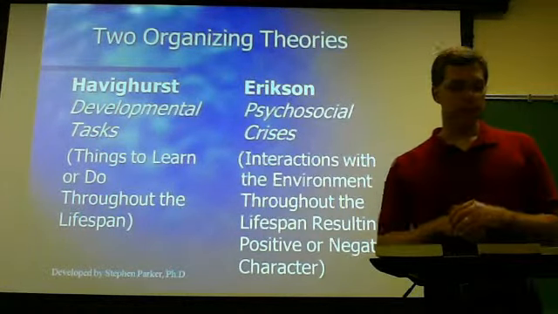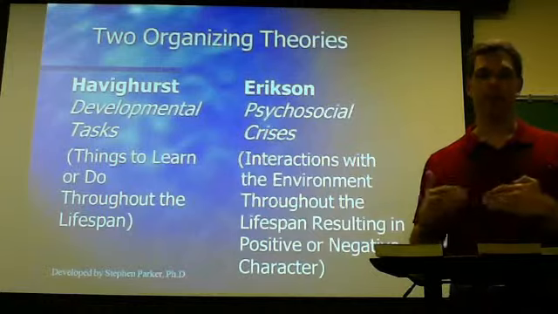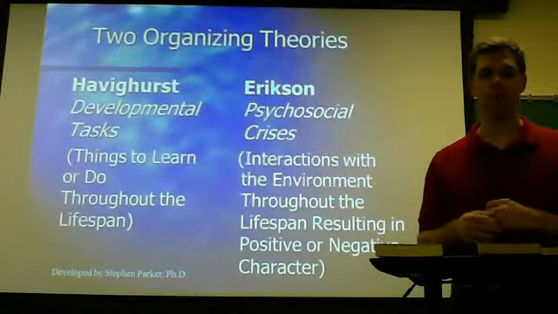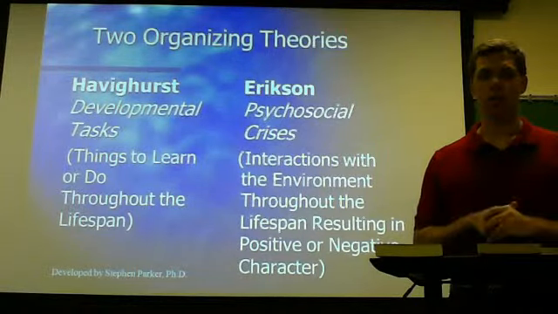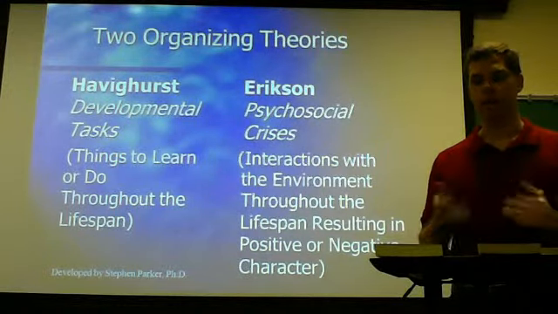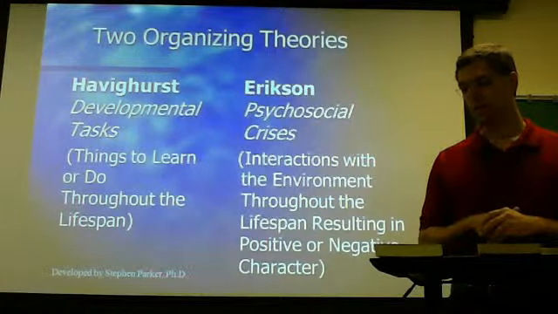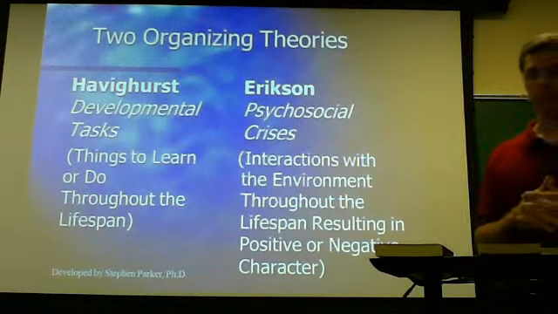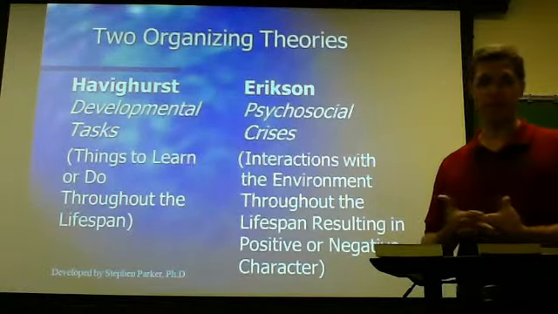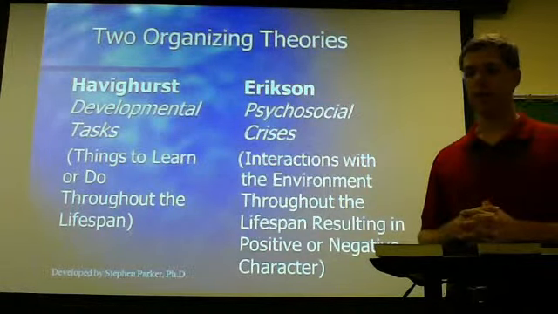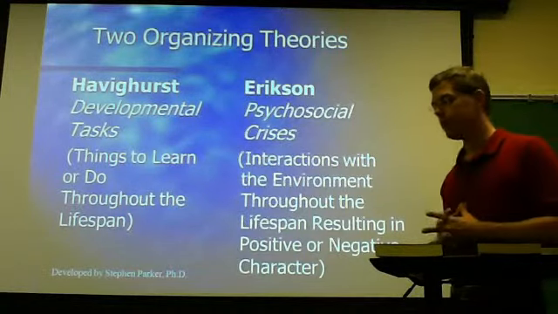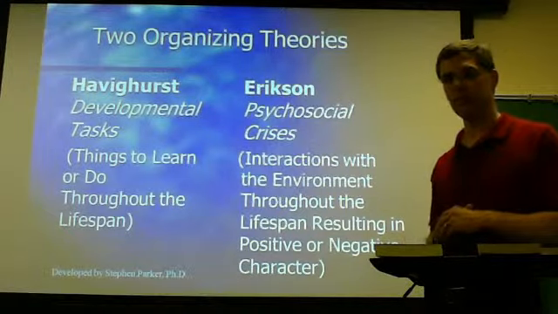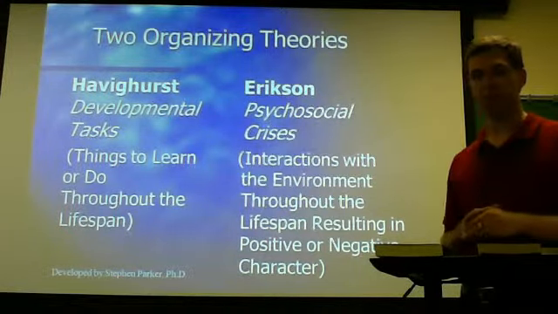And basically what Havighurst said is that as we age, we have certain developmental tasks that we have to perform. For an infant, it's going to be learning how to manipulate the world around you, how to grow up, perhaps developing attachment, learning to talk. For an adolescent, though, it would be something like developing social relationships, getting a job, going to school, things like that. Okay, so it's different for each age group.